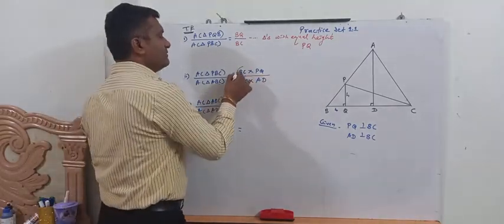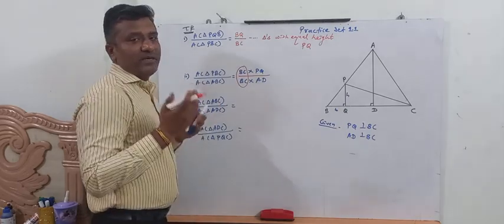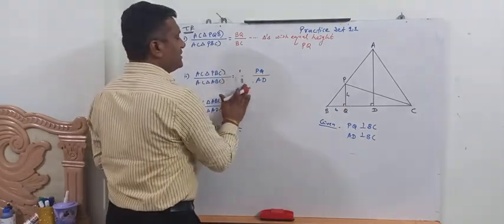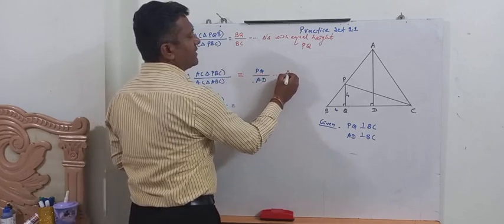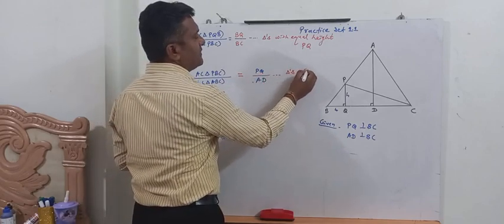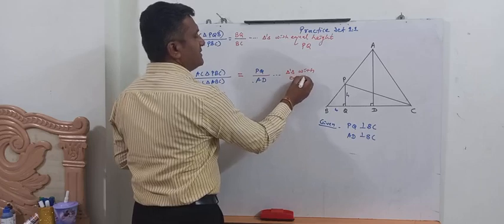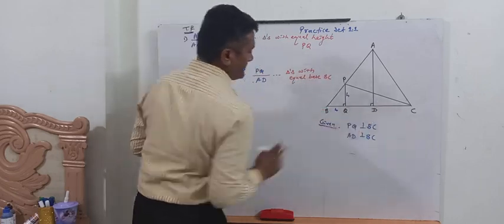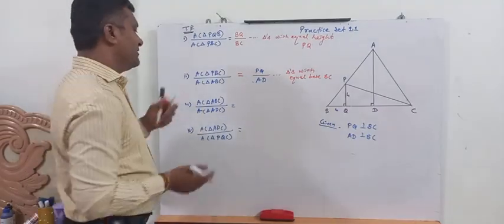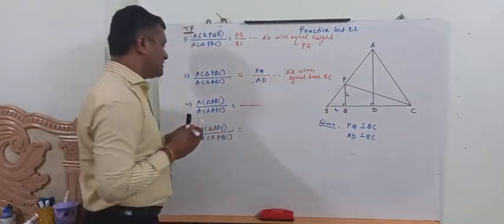What is equal again? Now this base is equal. So the answer is PQ upon AD. So what will we write here? Triangles with equal base. Which base is equal here? BC. Similarly, we have to try for the next one also.